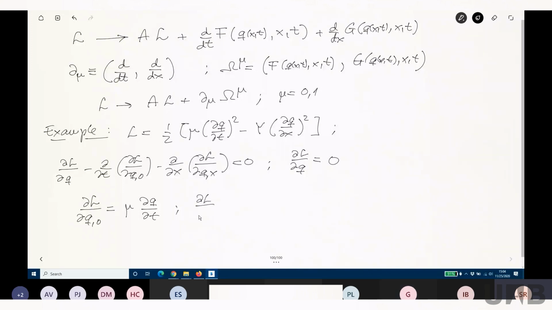What is dL/dq,x? Well, it is minus Young's modulus dq/dx, right?